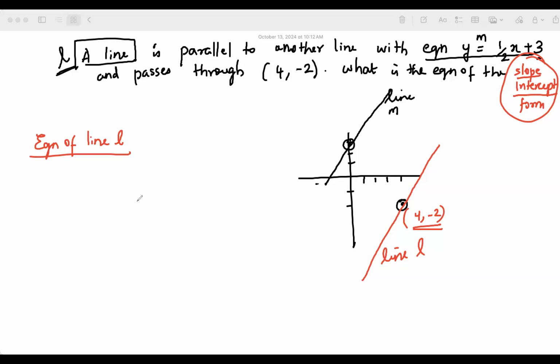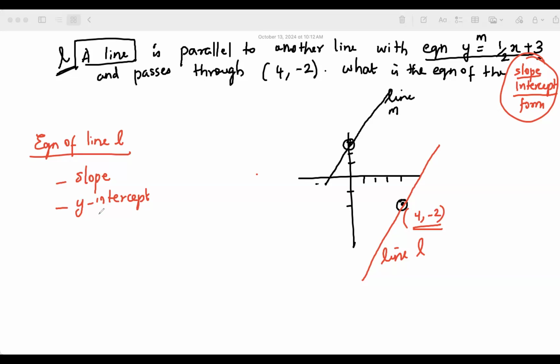This is my line L. Krishav, I just have a point. What else do I need? I need the slope and the y-intercept of the line. I don't know the intercept yet. I need the slope as well as the y-intercept.